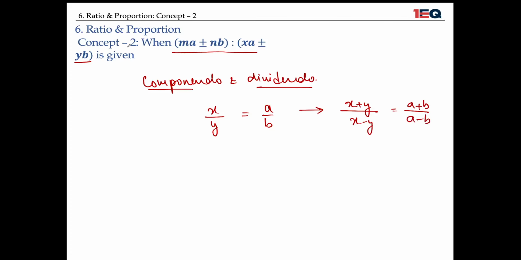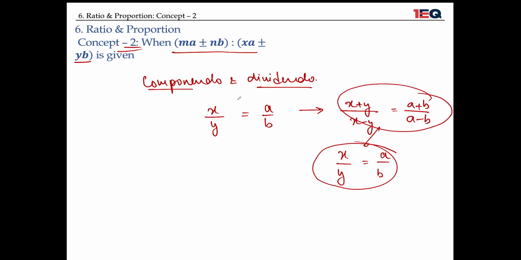So whenever you encounter this situation, you can easily split it back to its original form, which is x upon y is equal to a upon b. This is nothing but reverse engineering of whatever we have studied till now in componendo and dividendo.